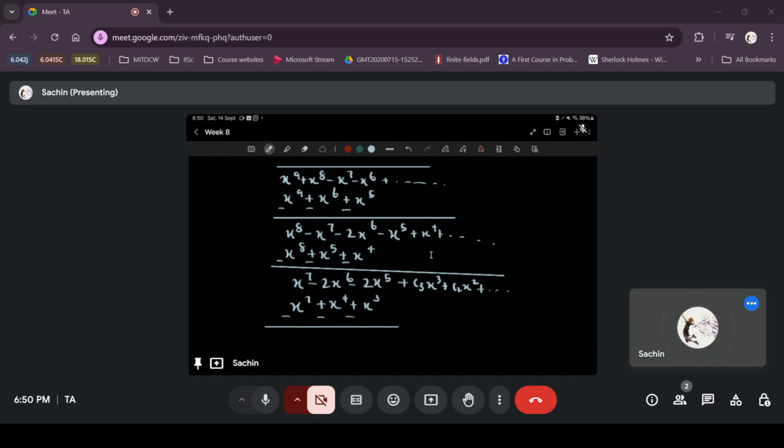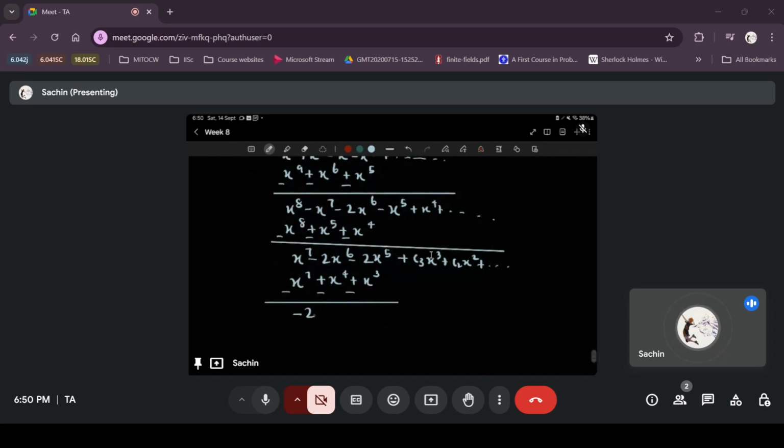When you subtract, you are left with minus 2x^6 minus 2x^5 minus x^4 plus (c3 minus 1)x^3 plus c2x^2 plus c1x plus c0.